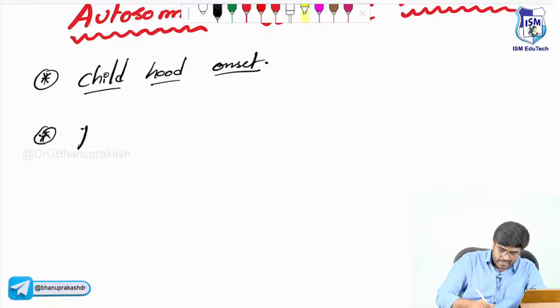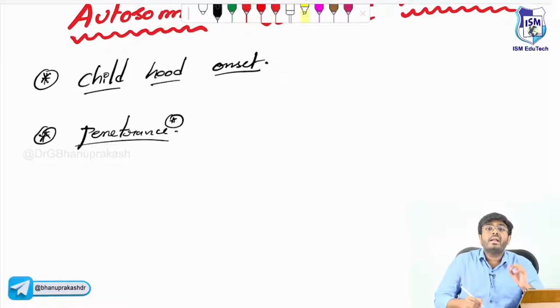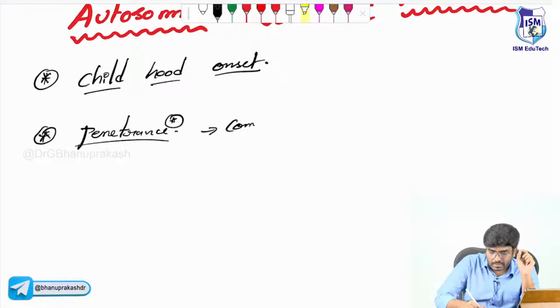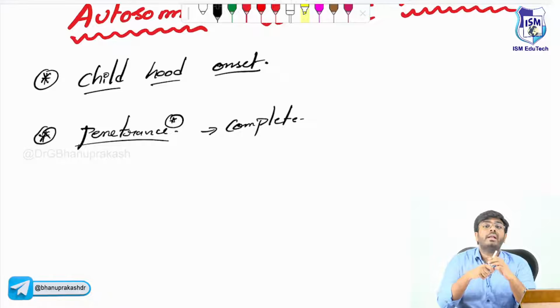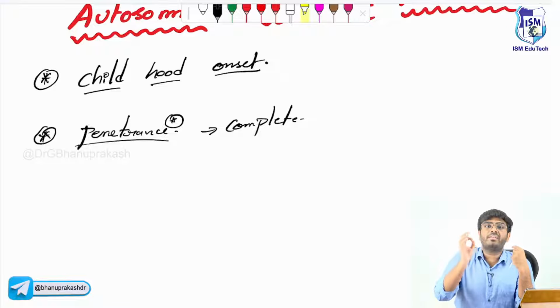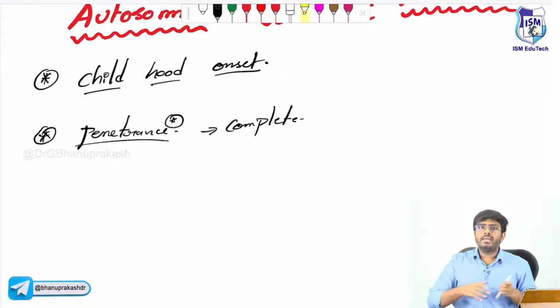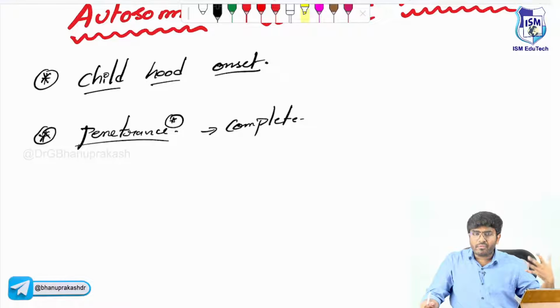Second thing, penetrance. What about the penetrance? The penetrance is complete. If there are 100 individuals who have these defective genes, every person is going to manifest the disease. Autosomal dominant disorders follow incomplete penetrance, which means even though some individuals have the defective genes, they will not manifest the disease. But autosomal recessive disorders are not like that. They have complete penetrance.